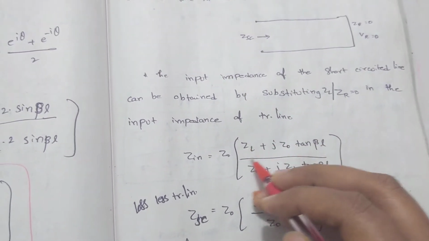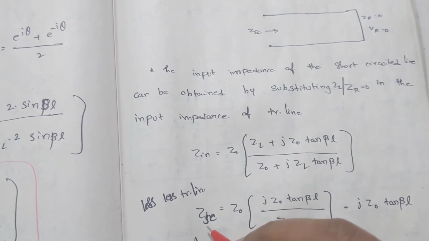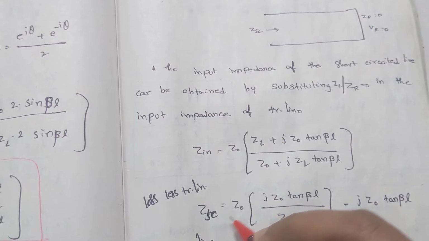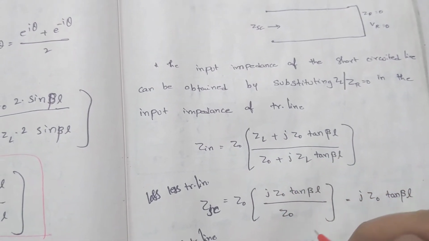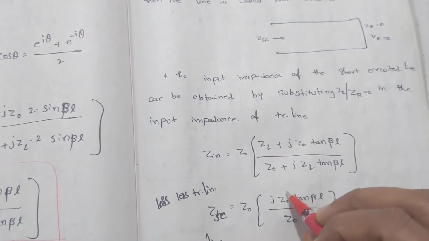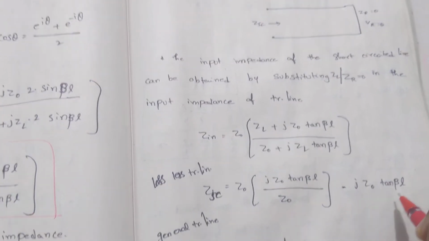When I replace ZL equals 0, the input impedance of a short circuit line is ZSC equals Z0 into j Z0 tan beta L divided by Z0. This Z0 will be cancelled, so the final value is j Z0 tan beta L.